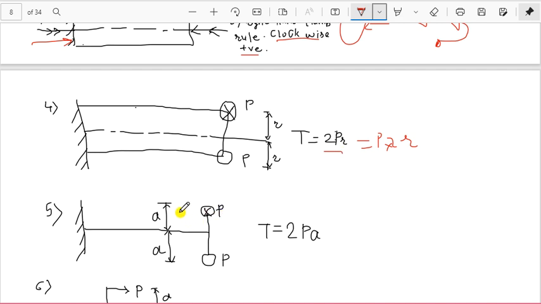Similarly here also the distance between these two forces is A plus A, so 2A into P, or P into 2A, that is force into distance. Okay, this straight line represents there is a shaft, and in most of the cases shaft will be circular only.